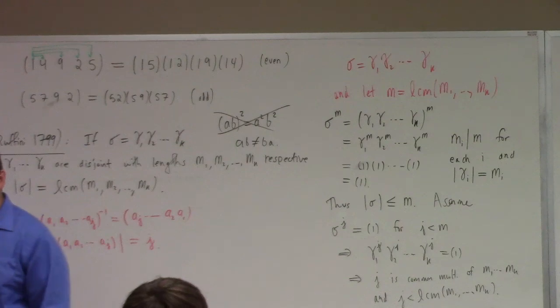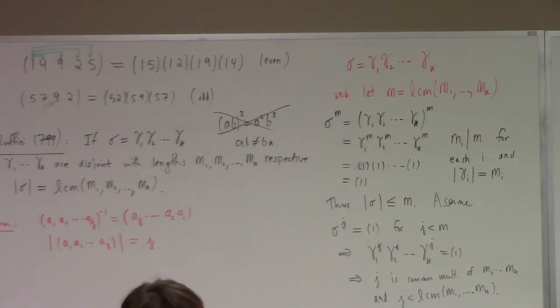So therefore it has to be that the order of the permutation is exactly the least common multiple.